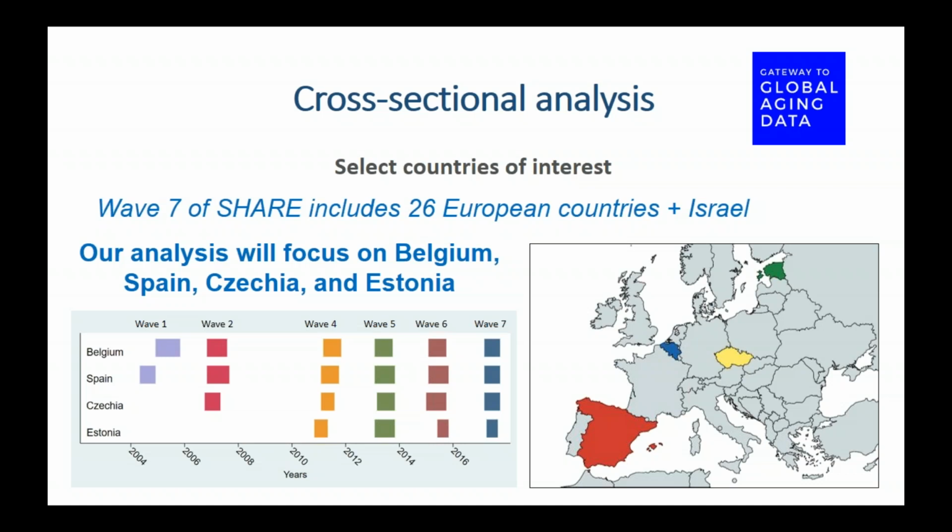And you can also see here in this chart on the bottom left that Belgium and Spain were part of Wave 1 of SHARE, which started in about 2004. And they've been part of every wave. You'll also notice there's a gap here between Wave 2 and Wave 4. At Wave 3, SHARE conducted what they called SHARELIFE, and that's a life history survey.